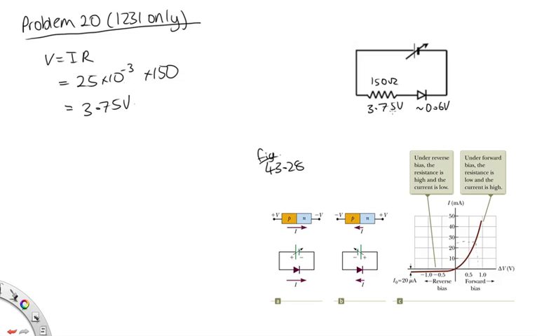And so to get the total voltage difference around the circuit, which is what the battery needs to supply, we just need to add these two together. So we've got the EMF supplied by the battery is 3.75 plus 0.6. So solving that, we get 4.4 volts approximately. This is only a very rough approximation.